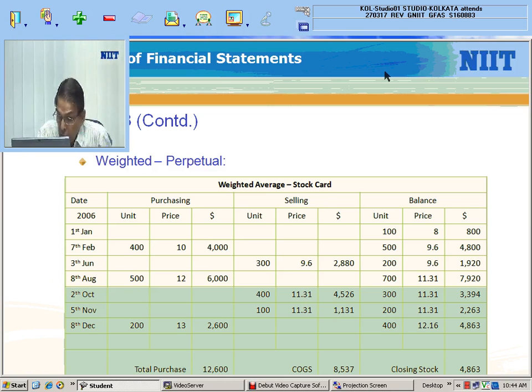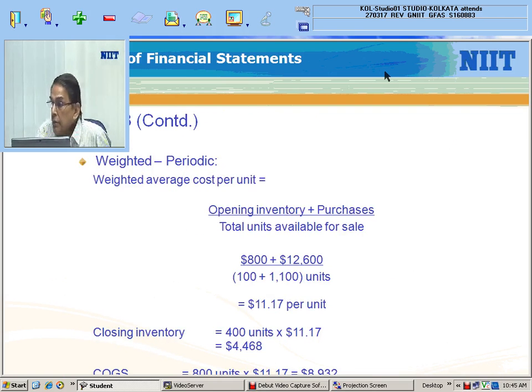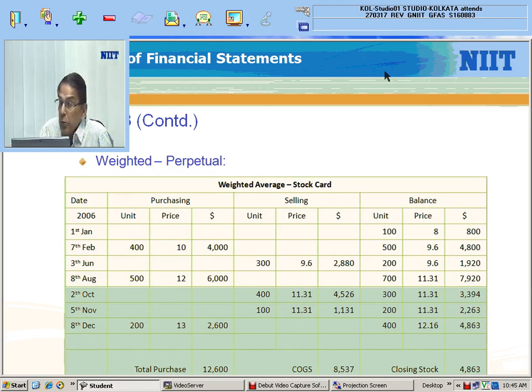But one can look at the average cost under the periodic inventory system, which was worked out. It was 11.17 per unit, but here the average cost is changing from 8 to 12.16 under the perpetual inventory system.